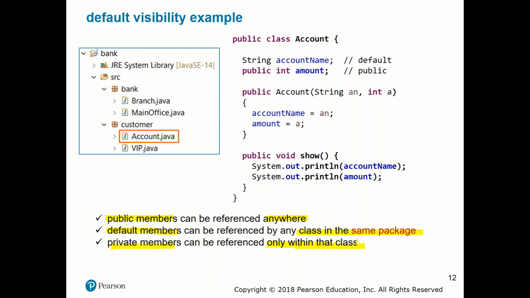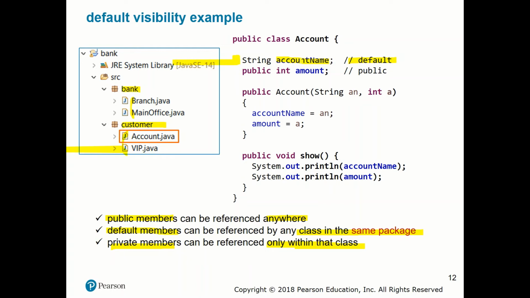I will say something more about default visibility. There are two packages here, and each package has two classes. In account.java, in the Account class, there is an attribute accountName. It is default visibility because there is nothing here, not private nor public. So accountName is default.